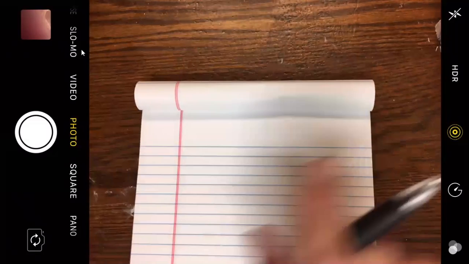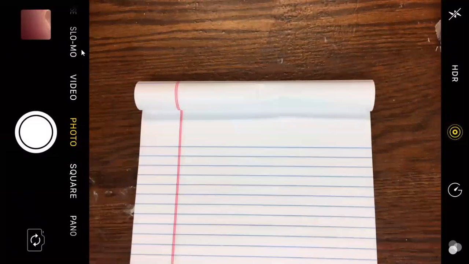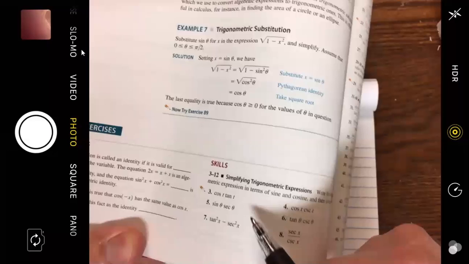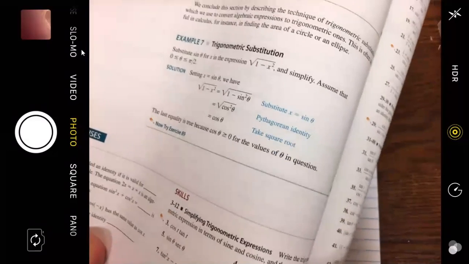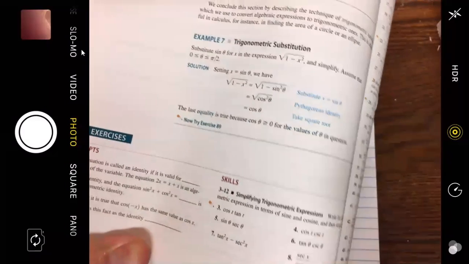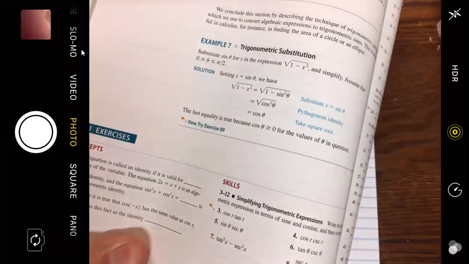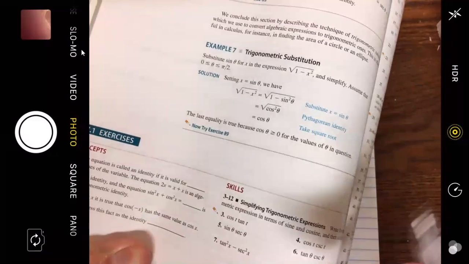You can pick some stuff off the homework here. Very first one, number 3. They're telling you to write the trig expression in terms of sine and cosine and then simplify. Everything else can be broken down to sines and cosines.